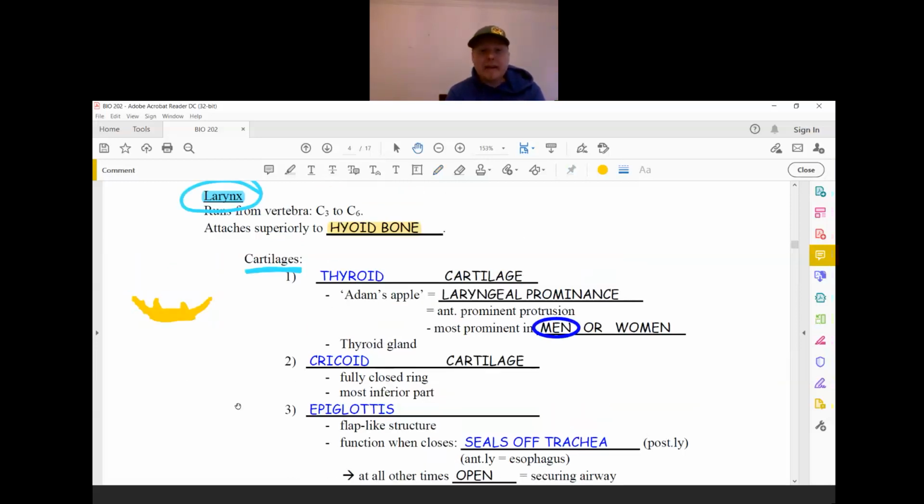Let's start by talking about the thyroid cartilage, which is the largest of these cartilages that we see with the larynx.